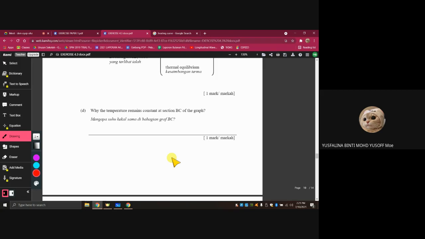So this one is actually to break, because heat energy is used to overcome the molecule bond. So that's the answer.